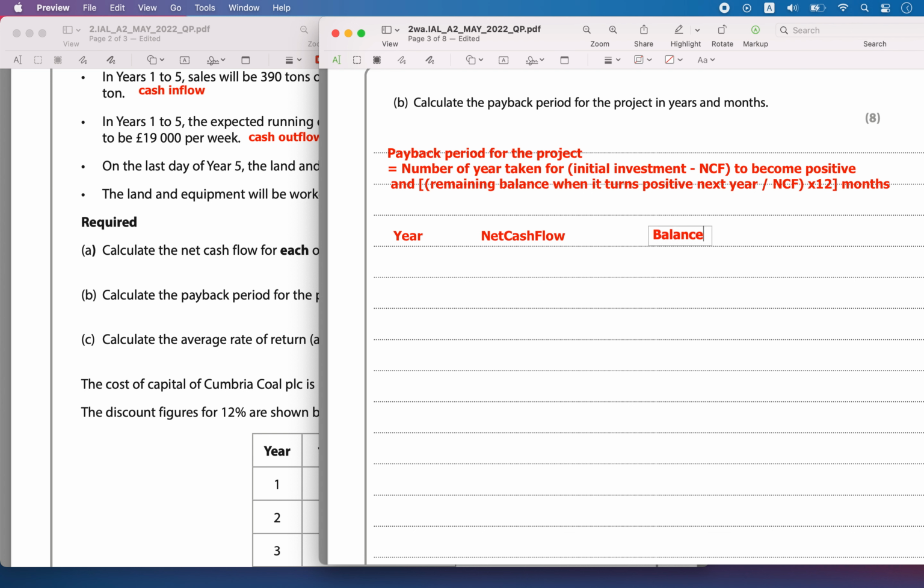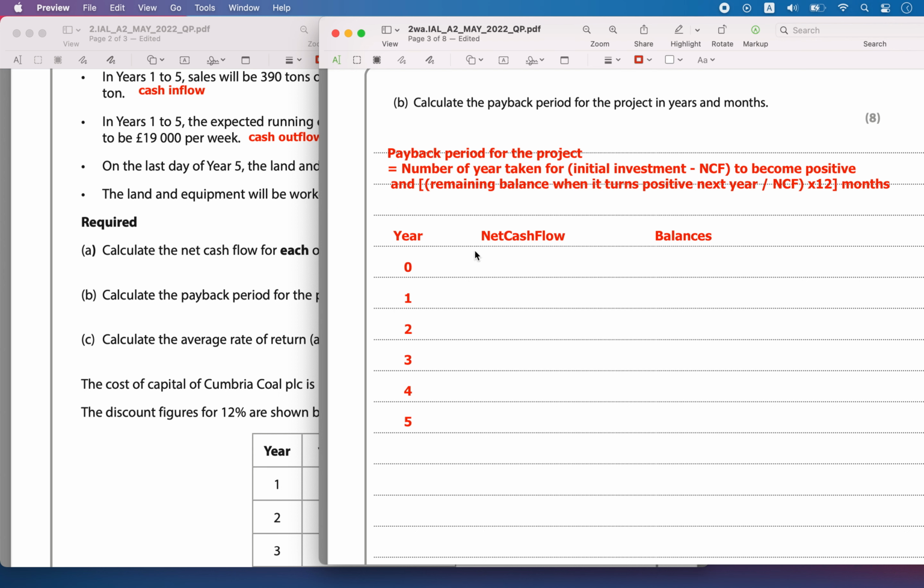Let's write all the 5 years, starting with year 0. In year 0 you assume the initial investment happens, where there is no cash flow yet. You just bought that land, so that year is assumed as the initial cash flow.